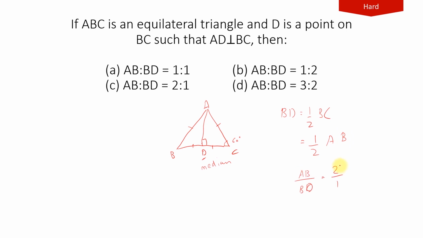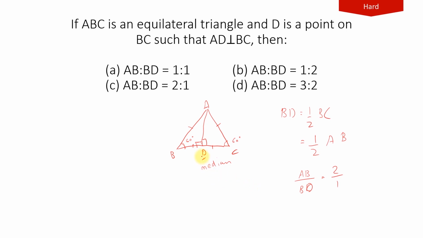Even if you do not know that this perpendicular is going to be the perpendicular bisector for the equilateral triangle, you can still solve this very easily just by a knowledge of simple trigonometry. Take this triangle ABD. This is a right angle triangle. One of the angles is 60 degrees.